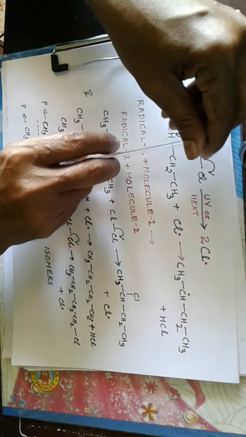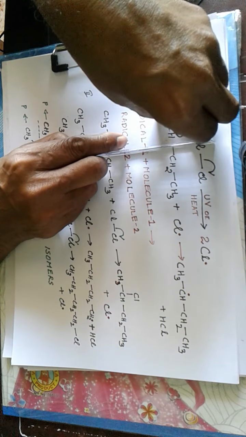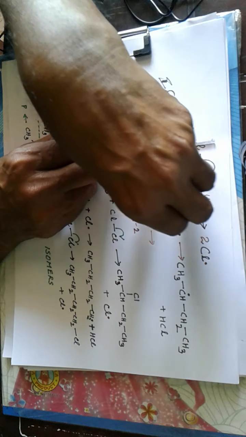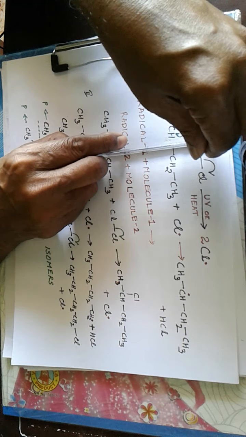This CH2 is away from the mirror to a particular distance, and this CH2 is also at the same distance away from the mirror, and this CH3 is away from the mirror at the same distance as this CH3 is away from the mirror. So this is the object portion and this is the mirror portion, so that this molecule is symmetrical, so that this CH3 and this CH3 are similar, this CH2 and this CH2 are similar.